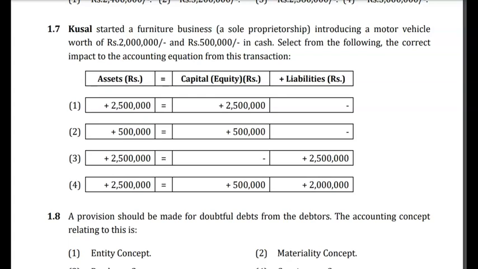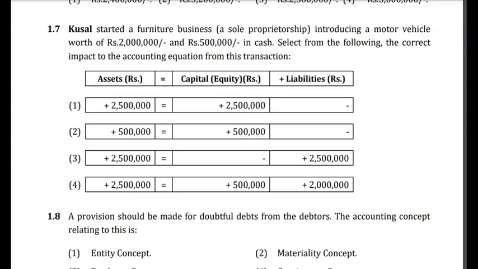So the motor vehicle is a non-current asset, or we can call it under one name, assets. So since they are talking about the accounting equation, assets is equal to equity or capital plus liabilities. So when he is introducing a motor vehicle worth 2 million, the asset will go up by 2 million.